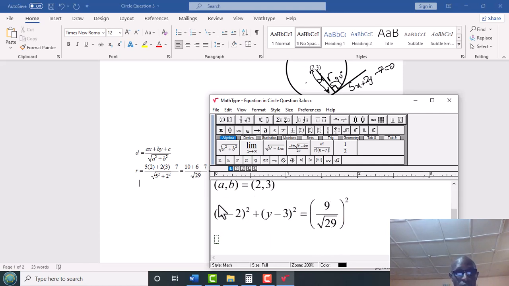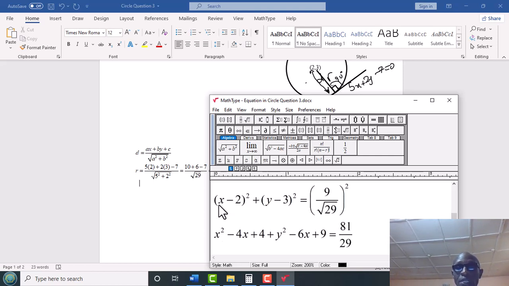So what we have here is x squared minus 4x plus 4, plus y squared minus 6y plus 9, is equal to 81 over 29.